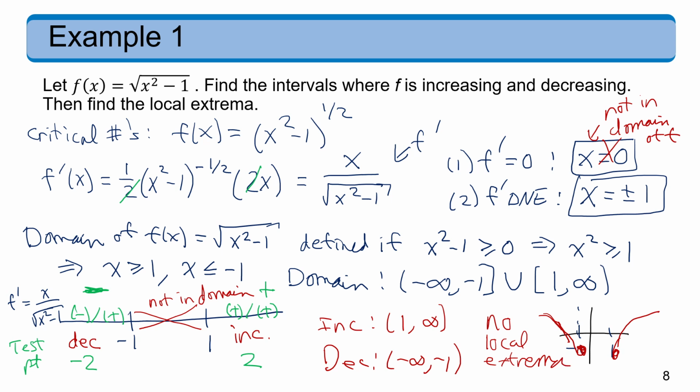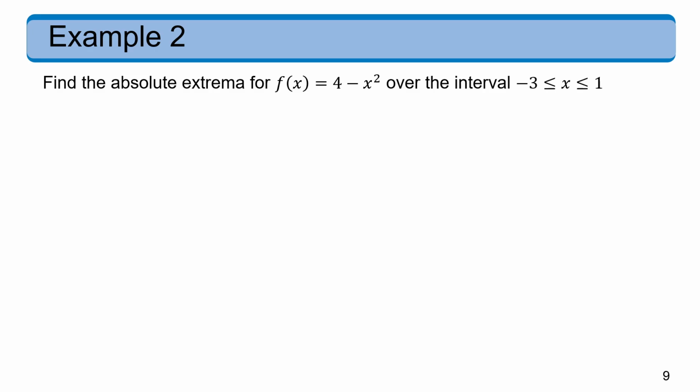All right, so that was a little practice with using the first derivative test to determine where a function's increasing and decreasing, and then analyze the results to determine where you have local extrema. We're asked to find the absolute extrema this time, not local, for this given function over a given interval.